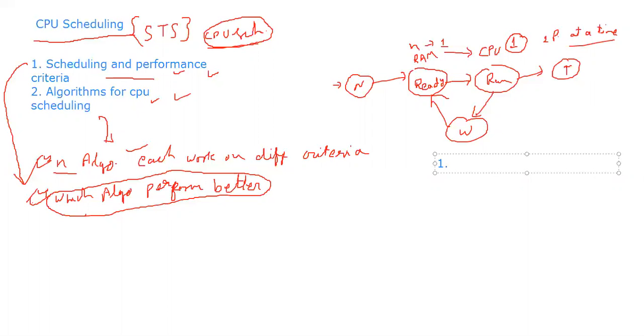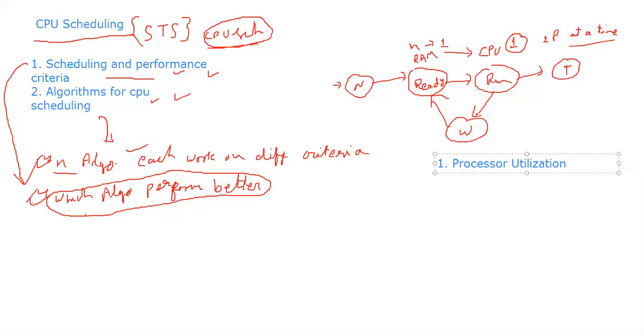So if the CPU is idle, it means we are not effectively utilizing things. Hence, our first criterion to identify which algorithm is performing better could be processor utilization.